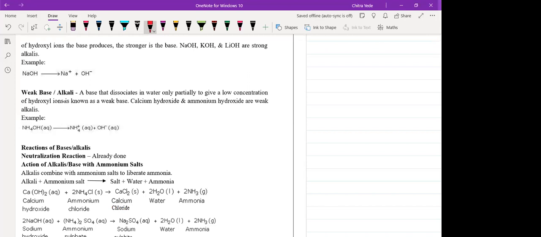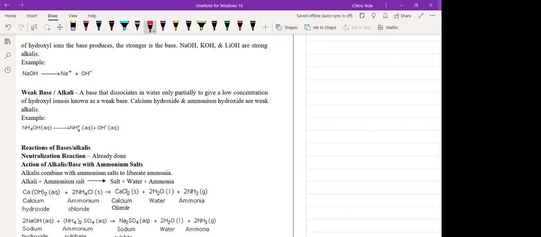See, all alkalis are bases, but not all bases are alkalis. Like we have bases such as sodium hydroxide and potassium hydroxide, which belong to the first group.